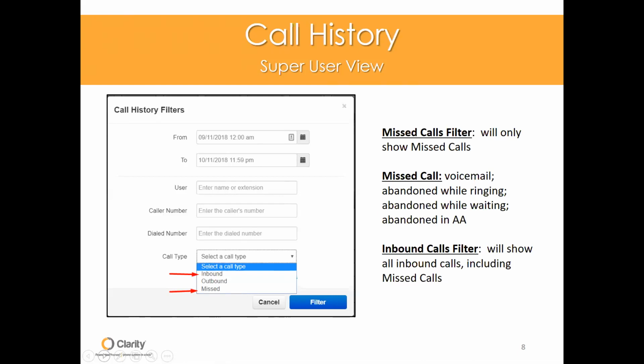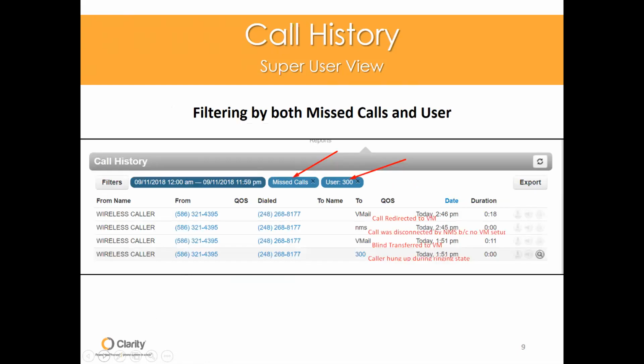A missed call in the call history is considered a call that went to voicemail or an abandoned call, whether abandoned while ringing, while waiting, or in the auto attendant. All of those are considered missed calls. Questions so far? Good. Okay.